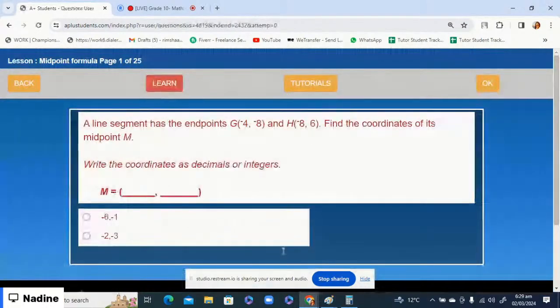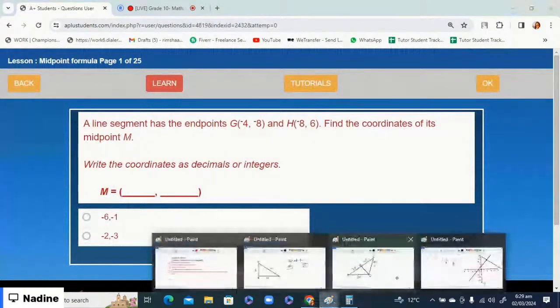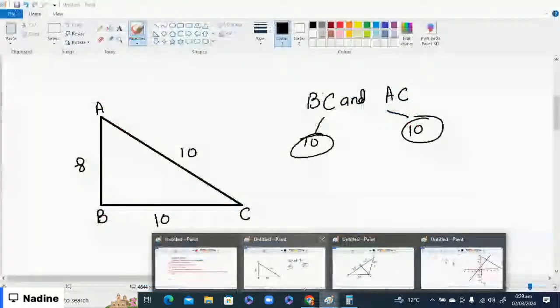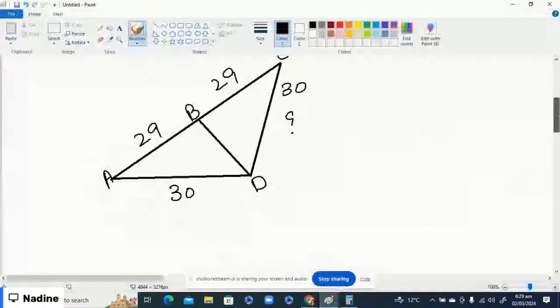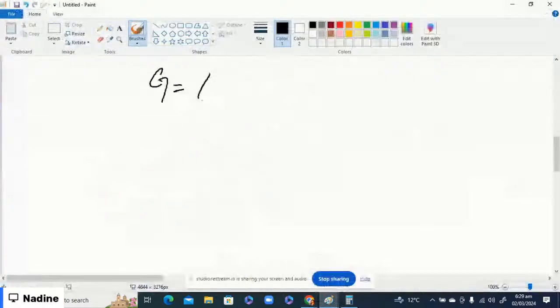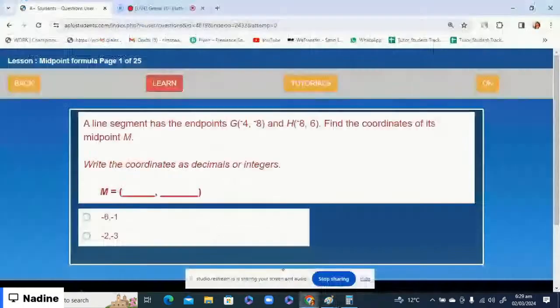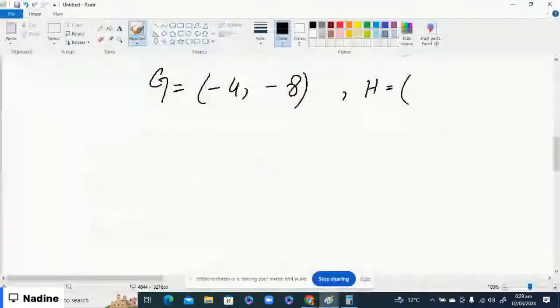Let's find the midpoint for this question. G is (-4, -8) and H is (-8, 6).